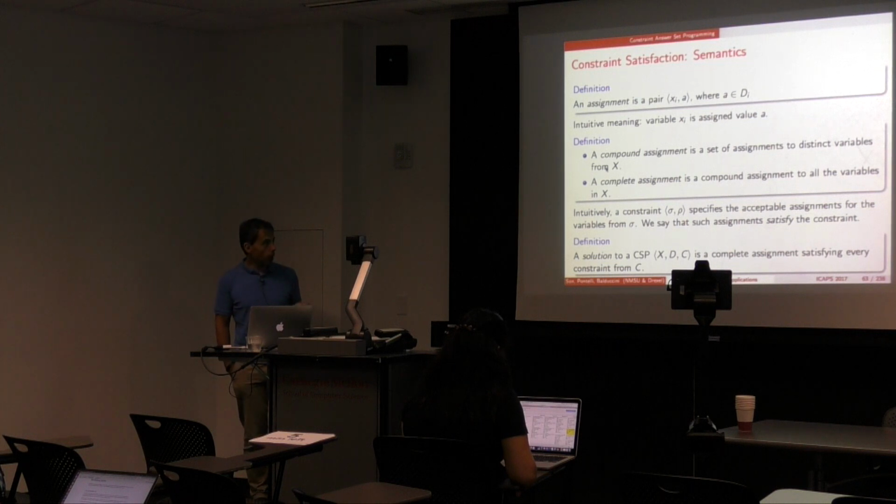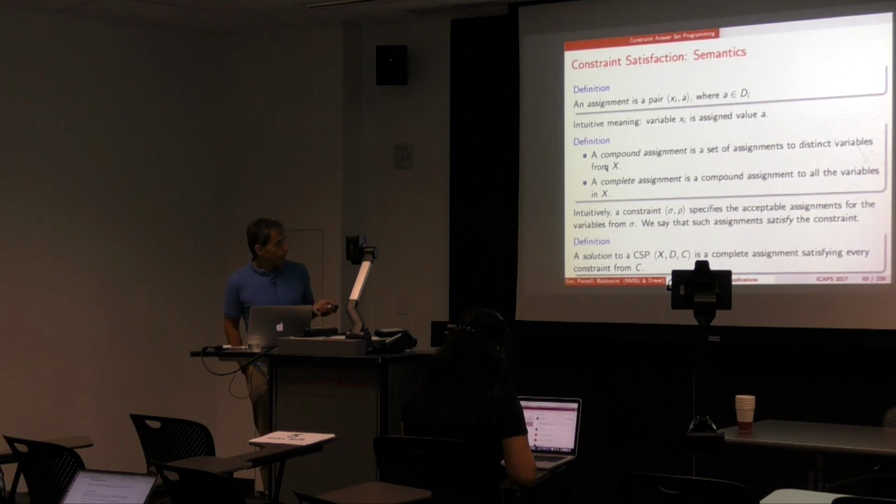And we talk about a complete assignment whenever all of the variables from the list of variables of the CSP occur in the compound assignment. So each variable needs to be assigned some value by the compound assignment.